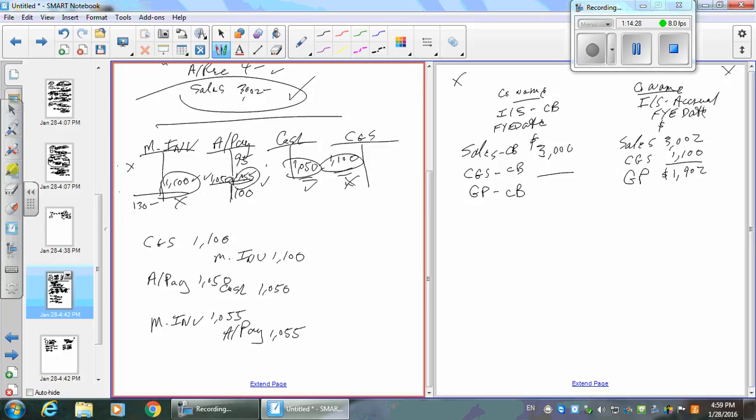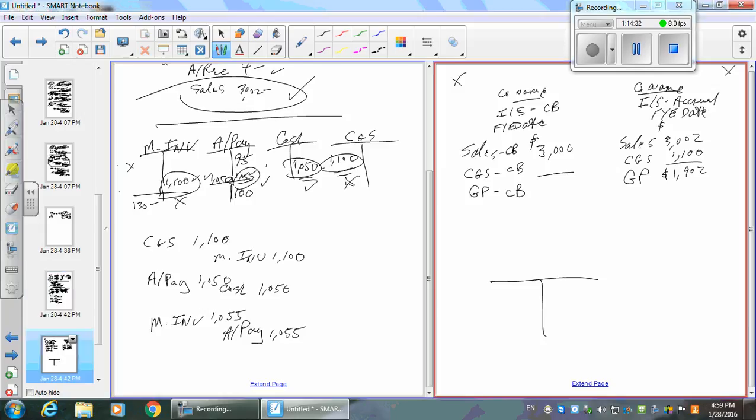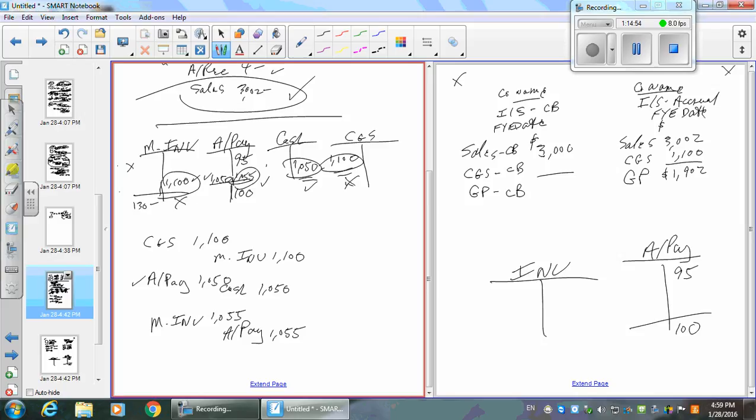Your debits have to equal your credits. No, I got that, I'm missing the math. Hold on, give me a second. On the accounts payable, let's do that first. If you started at 95 and ended up at 100, and you know that you must have debited accounts payable for $1,050,000 because you credited cash for $1,050,000, right?